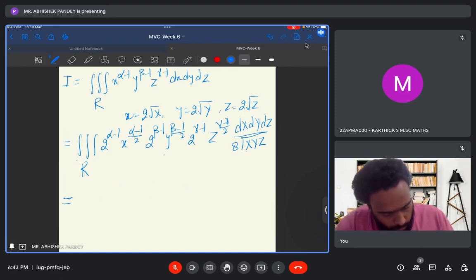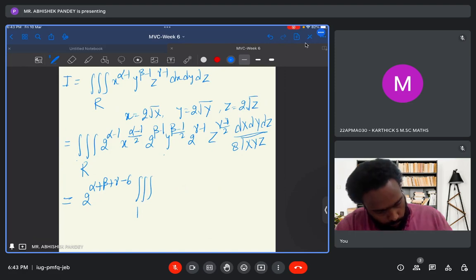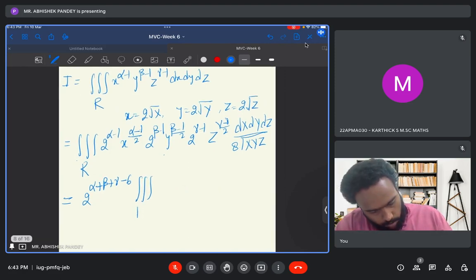So this you will get as 2 to the power alpha plus beta plus gamma, minus 6, into, this is nothing but capital X plus Y plus Z equal to 1.